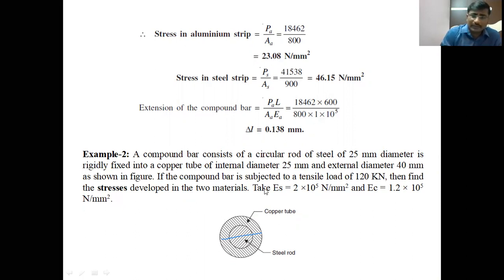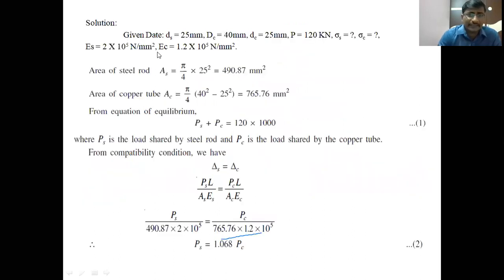Clear? Upon understanding the second problem, we can write the given data. The rod diameter d_S is 25 mm. Capital D means outer diameter, small d means inner diameter. Outer diameter of the copper tube is 40 mm, inner diameter of the copper tube is 25 mm.